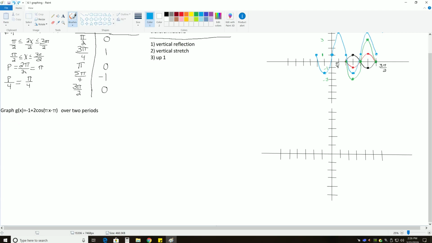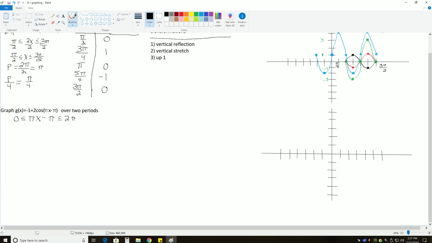Okay, so just like before, the first thing that we want to start off with here is setting what's inside of our cosine function to be between 0 and 2 pi. So we have 0 is less than or equal to pi x minus pi, and it's less than or equal to 2 pi.